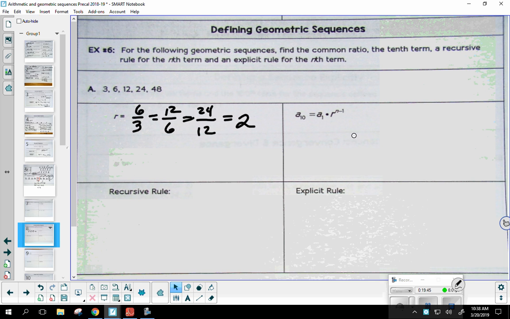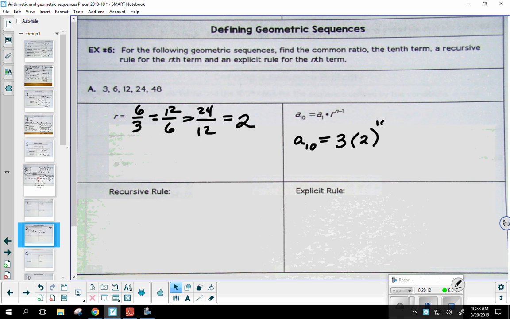Now, the second one, the 10th term, so a sub 10, remember that little subscript is the term number, that's n, equals the first times r to the n minus 1. Now, when you write your explicit rule, you're going to notice that these two right here are virtually identical. Once you plug in, I mean, you've got the explicit. So the 10th term equals, now the first is 3 times the common ratio, we just found that to be 2.